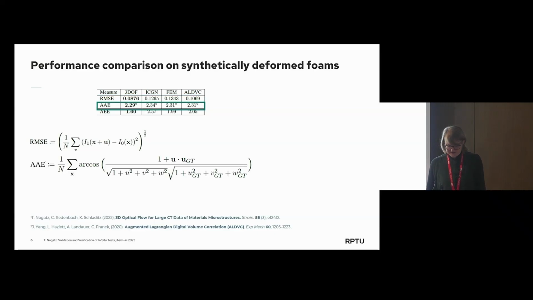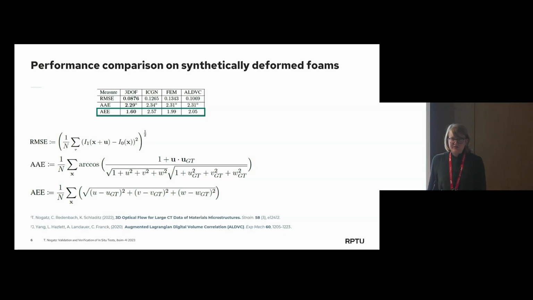The first one and the second one are actually norms based on how well the displacement field looks in the end. The first one, the average angular error, is an angular deviation between the computed field and the ground truth field. And the second one is, again, a root mean squared error, but now on the components of the displacement field.